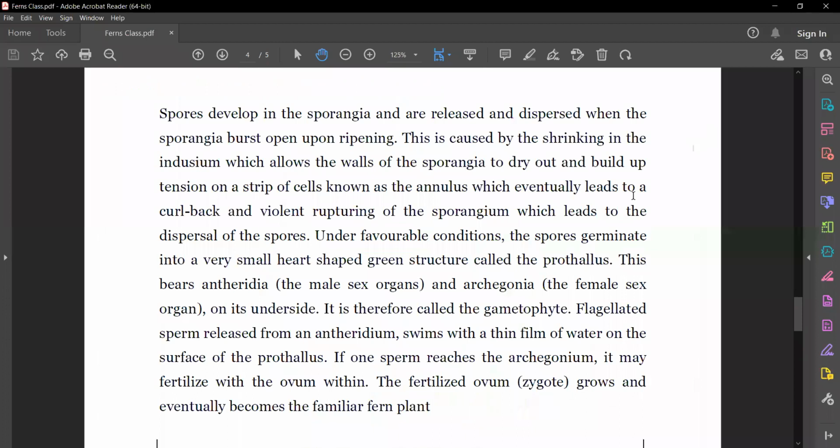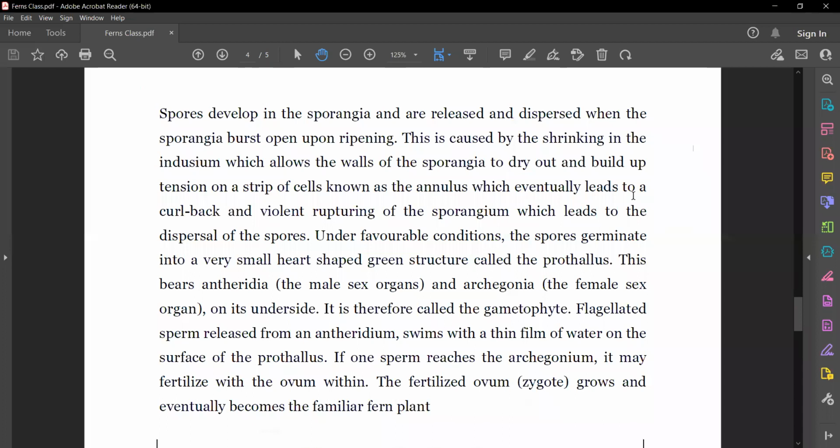Now the prothallus bears both the female and the male reproductive organs, right? In these structures, the male is known as the antheridia, singular antheridium, and the female is archegonia, singular archegonium. Please let's note these terms, right?